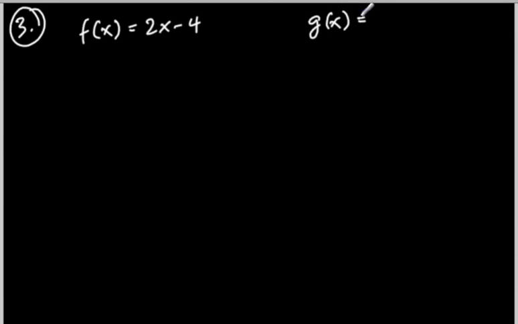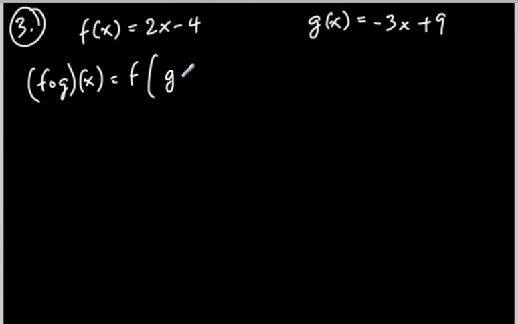So number 3. All right, so f of x is equal to 2x minus 4, and g of x is actually equal to, no, sorry, it's negative 3x plus 9. Sorry, I was skipping ahead. So f of g of x is f, you take the argument of g, it's f of negative 3x plus 9, and you just replace this argument with the x.